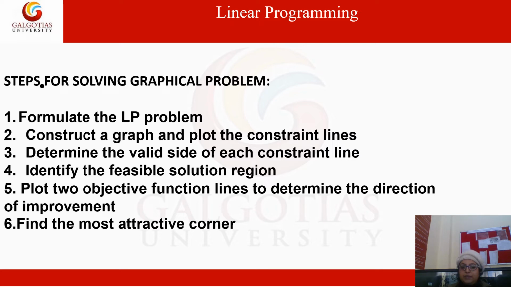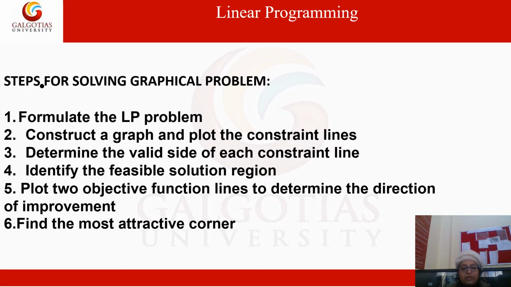The next step is to determine the valid side of each constraint line. The simple way to start is to plug the coordinates of the origin into the constraint and see whether the point satisfies it or not. If it does not, then all the points on the origin's side of the line are infeasible and all the points on the other side of the line are feasible.